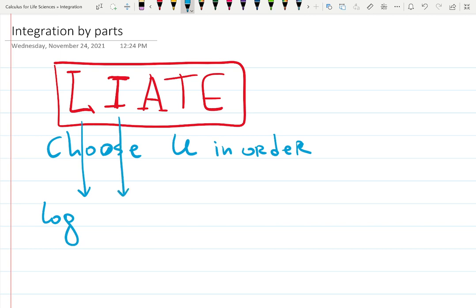If you don't see a logarithmic function first, but you see inverse functions, let's do arcsine, right? So arcsine or arccosine, choose that to be u. None of these are in the list? Okay, keep looking. Maybe you see an algebraic function, then choose that to be u.